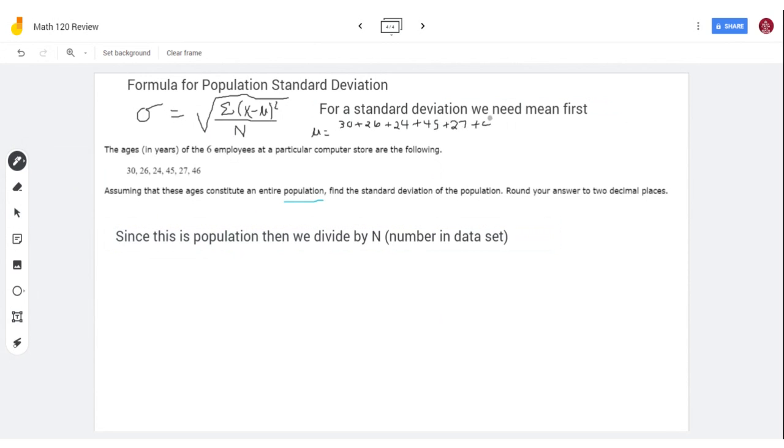Okay, did I write them all down right? Yeah, it comes up to 198. Okay, oops. That's divided by 6 because the 6 is in. So here we just say n is 6.